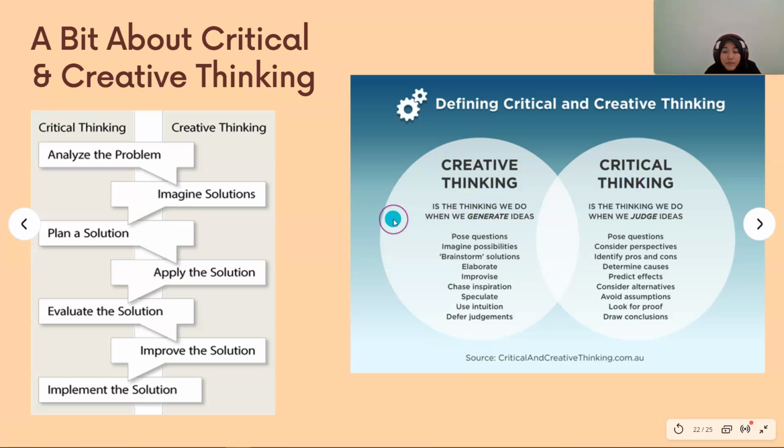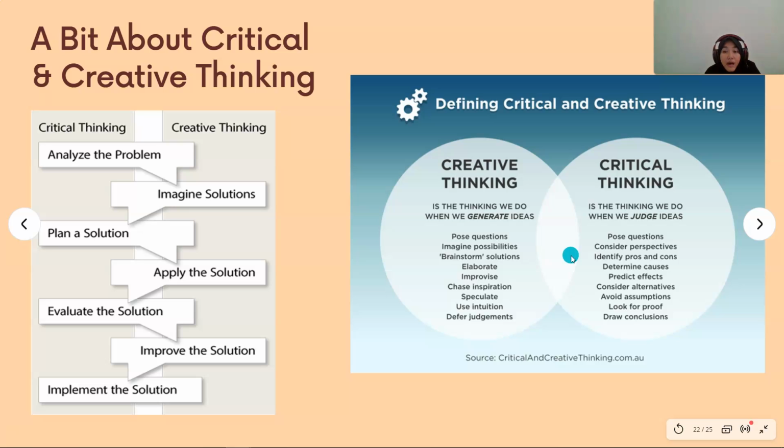As I mentioned, creative thinking is to generate ideas. Critical thinking is when we judge the ideas. It is about the questions that you have. For creative thinking, imagine possibilities, brainstorm solutions, elaborate, improvise. For critical thinking, you pose questions, consider perspectives.